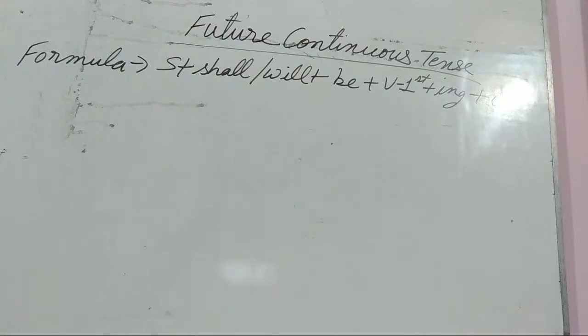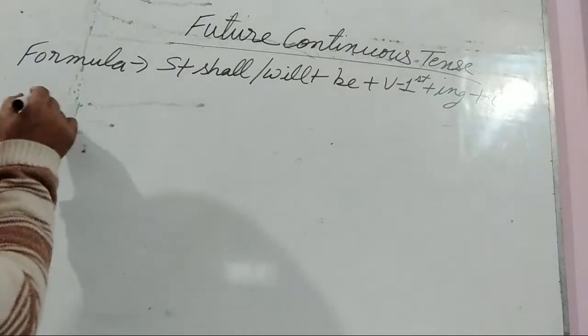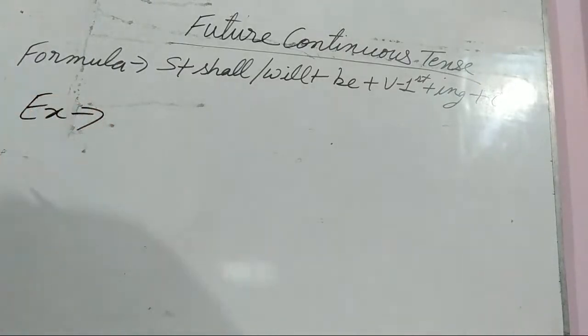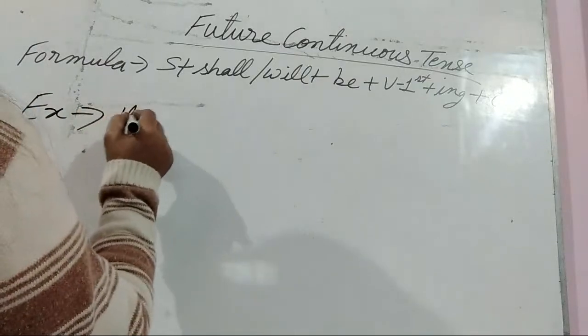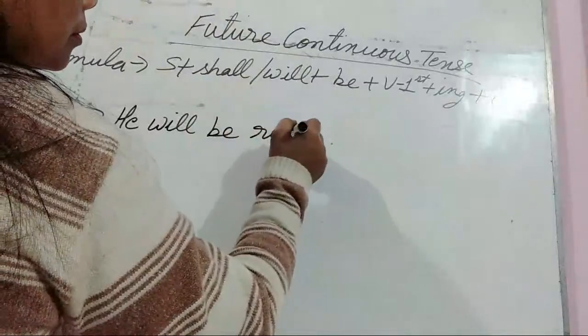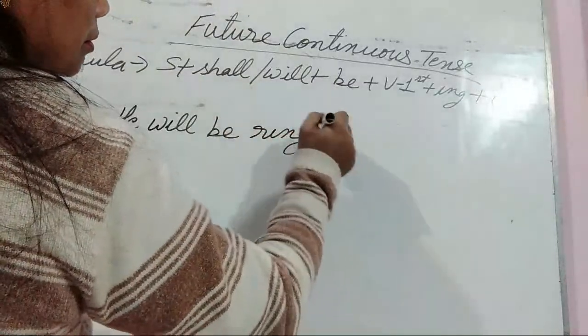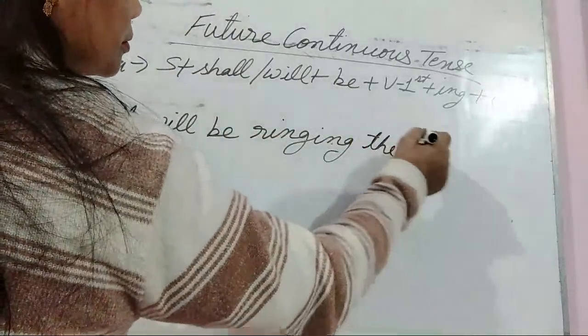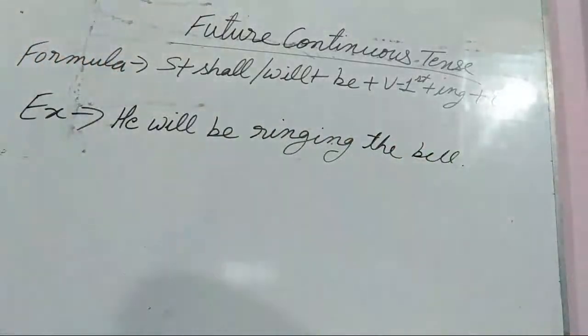So let's see the example related to the future continuous tense. The sentence is he will be ringing the bell.